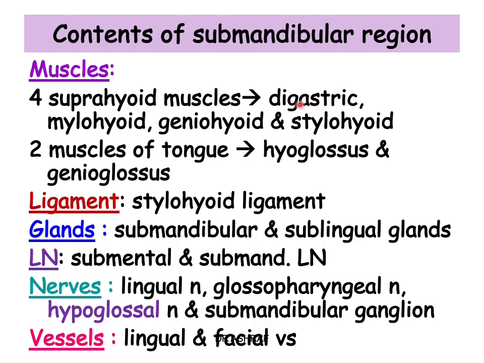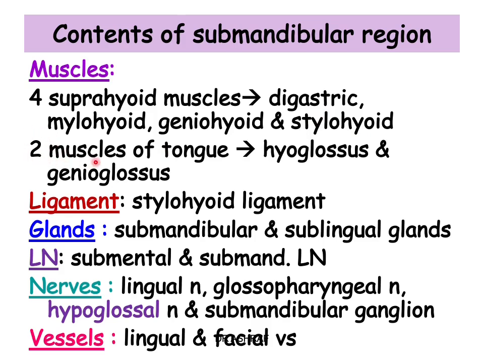The digastric muscle forms the boundaries of that region; sometimes we call it the digastric region. The mylohyoid muscle forms the floor of the mouth. The geniohyoid muscle attaches to the mandible and aids the lateral pterygoid in depression of the mandible, and the stylohyoid muscle, which is attached to the styloid process, aids in elevation of the hyoid bone during swallowing.